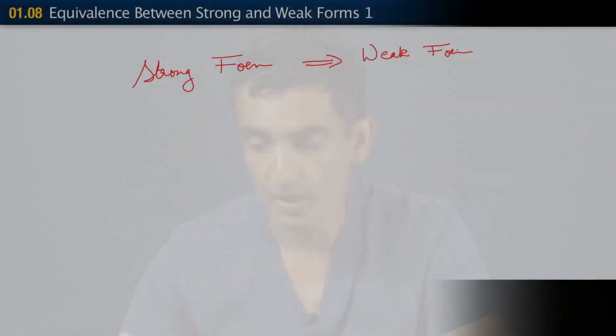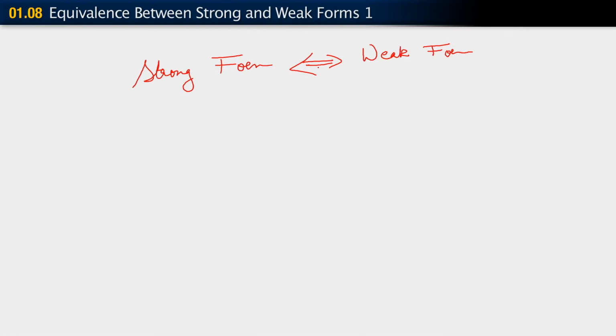And for it to hold for those specific forms, what we've demonstrated is that certain conditions must hold. In particular, we demonstrated that the PDE must hold, right? The strong form of the PDE must hold, the Neumann boundary condition must hold, and the Dirichlet boundary condition is built in. So we have that the weak form implies the strong form. Okay? All right, so we'll stop here for this segment.